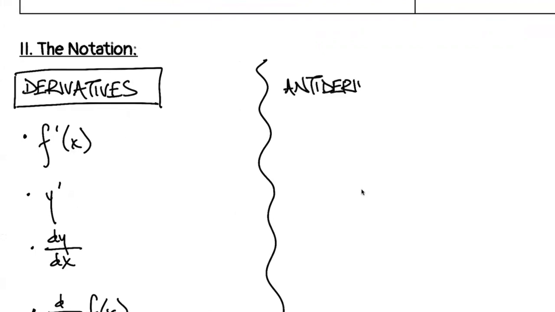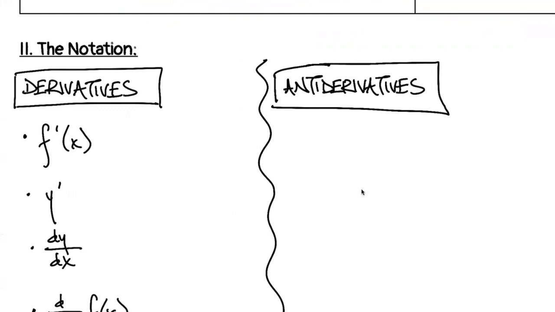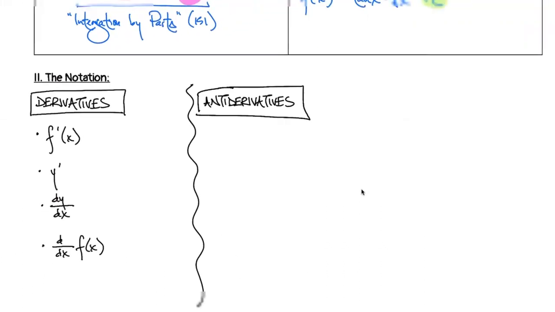So the antiderivative. What notation are we going to be using now? Well, we are going to be using that squiggly that we showed you earlier. That is the primary notation. So there's not that many different ones. It's not like derivatives. There's pretty much just one of them.